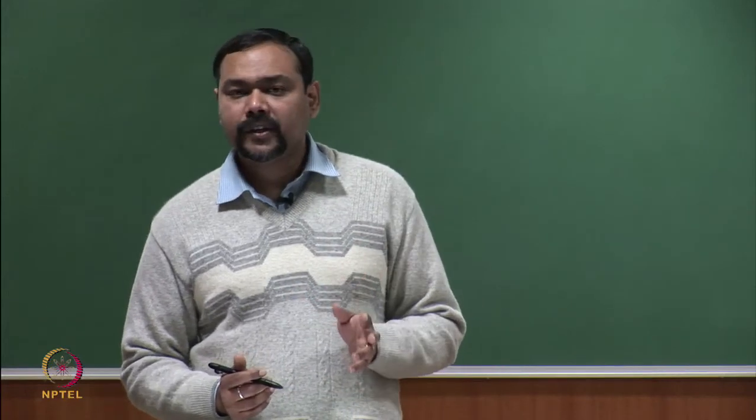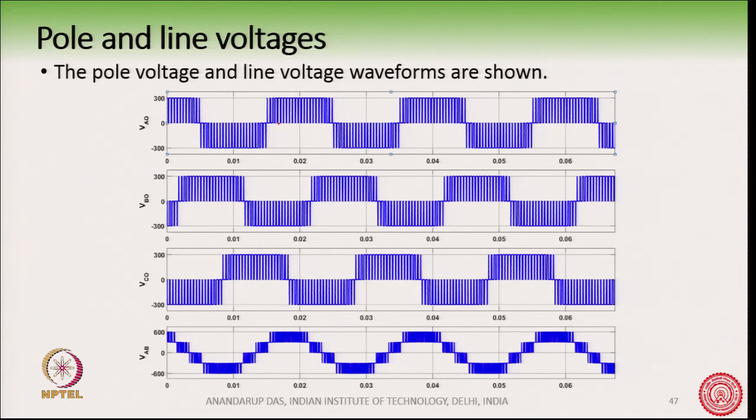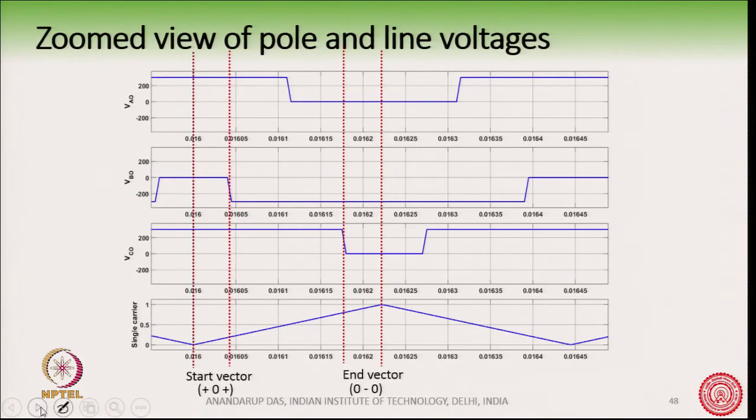That is how space vector PWM is ensured. So, here you see the pole voltages and the line voltages. You cannot differentiate much from sine PWM, but when you zoom in into the pole voltage and line voltage, there you will see what is the difference.